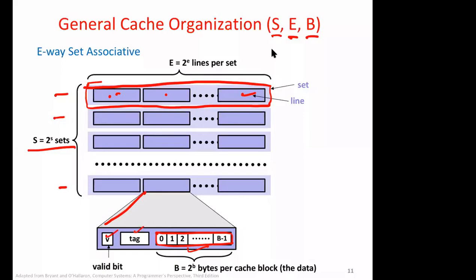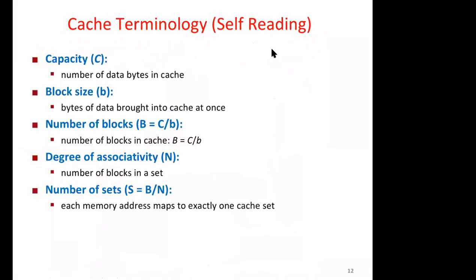So that's very simple, right? It's just that the nomenclature is different, and different authors use it differently. So go through this terminology, how we calculate number of blocks, number of sets, and so on, given certain values. This will be important if I give you a numerical question and ask you to calculate associativity or number of sets.